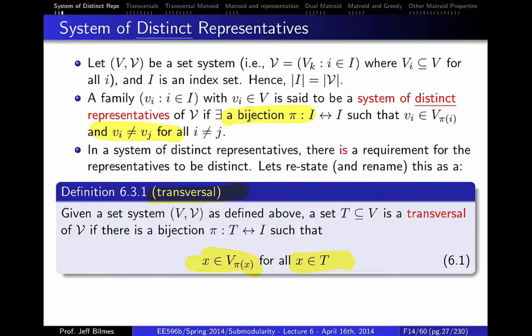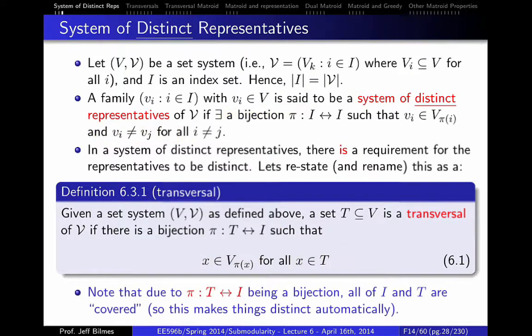We had a bijection here too, but that's from T to I instead of I to I. So it's from members, and it says that each member has to go to a particular group. Since it's a bijection, a one-to-one onto, it says it's the same size. The size of T is the same as the size of I. So every member has a corresponding group and vice versa. Nobody gets reused. So that's answered down here, and you can say that everything is in some sense covered. Okay, so this is the transversal.